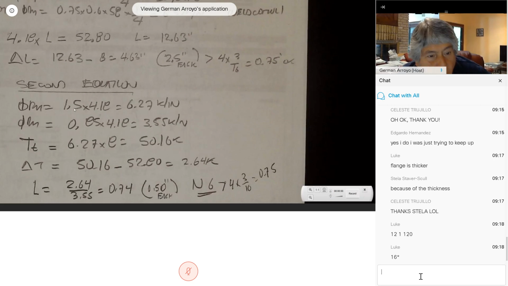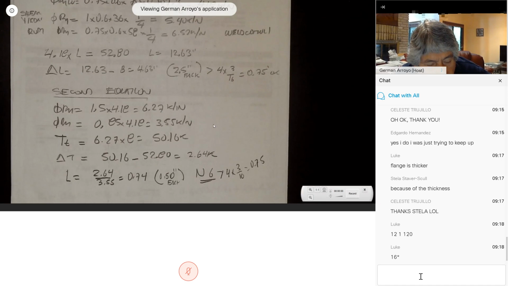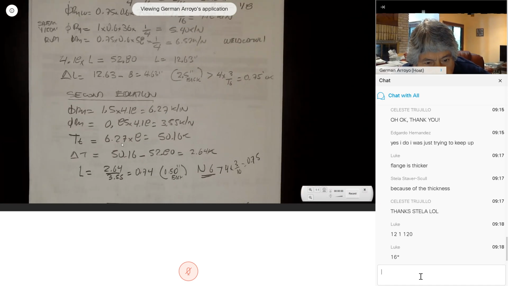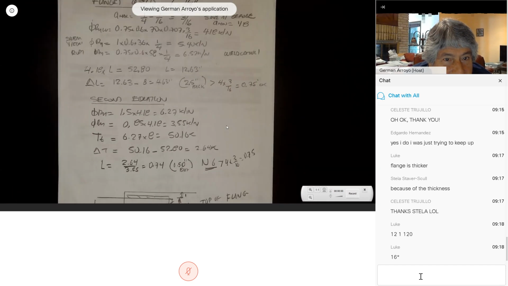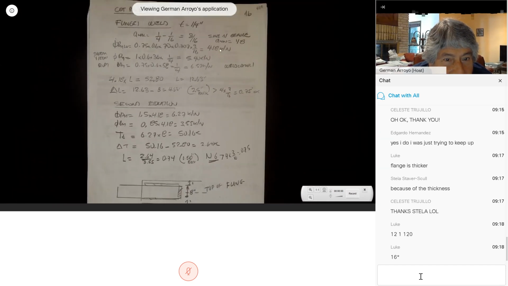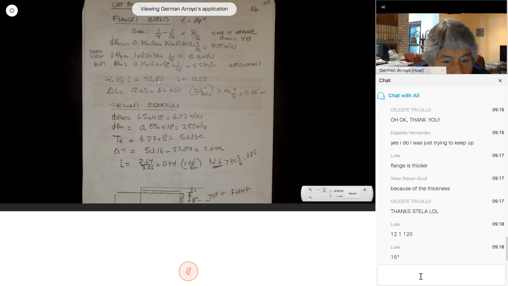1.5 transversal stronger, longitudinal weaker. So I multiply the 6.27 times 8, it's 50.16 kip. The difference is only 2.64, 52.80, right?